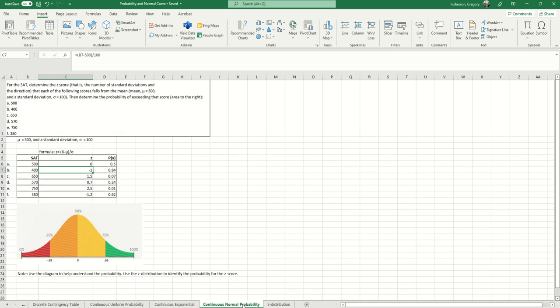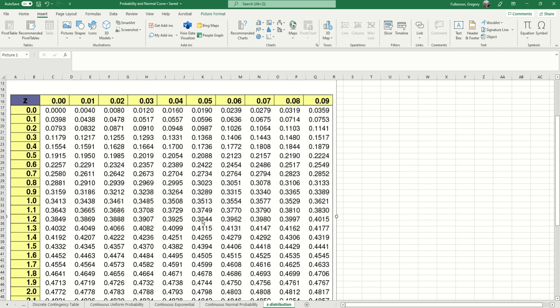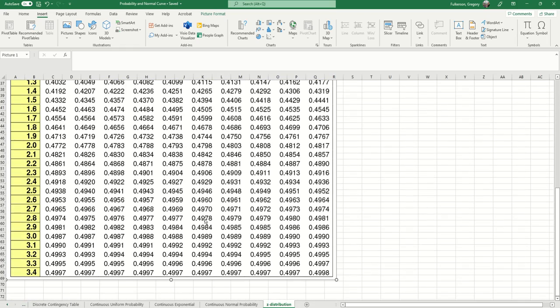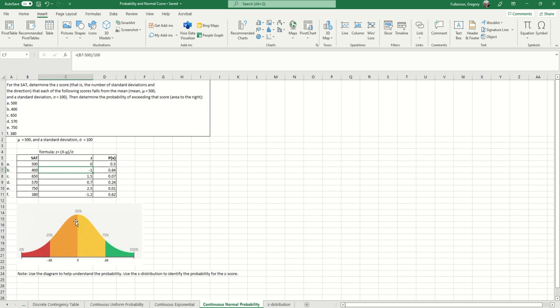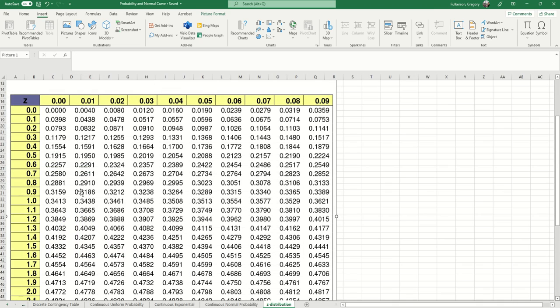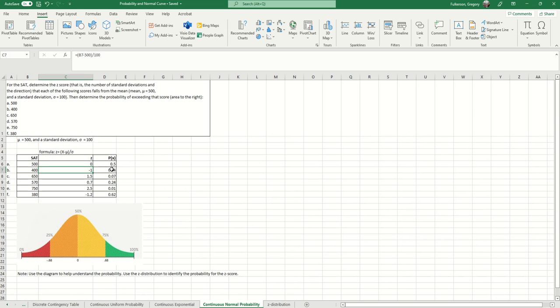So we're looking at 0.84 for the z distribution. So it's going to be 0.5, which is half of the distribution, plus the value we see here, 0.34. So 0.5 plus 0.34 is 0.84. That's how we got to that value.